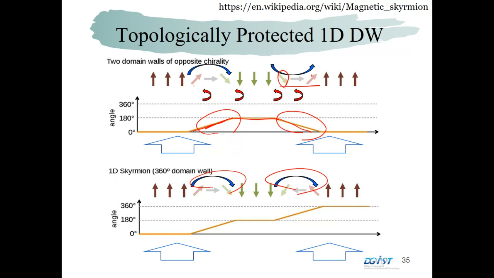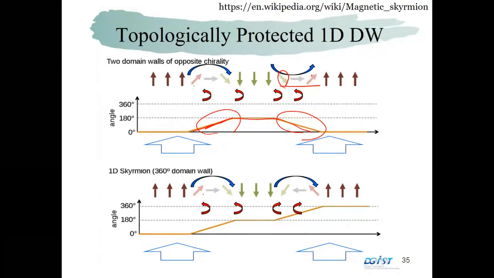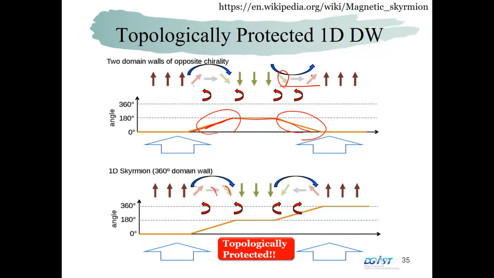Then when we apply the external magnetic field again, this spin rotates this way, this way, this way. That means this domain wall can be extended and this domain can shrink. But here, there's a rotation this way because of these spins.